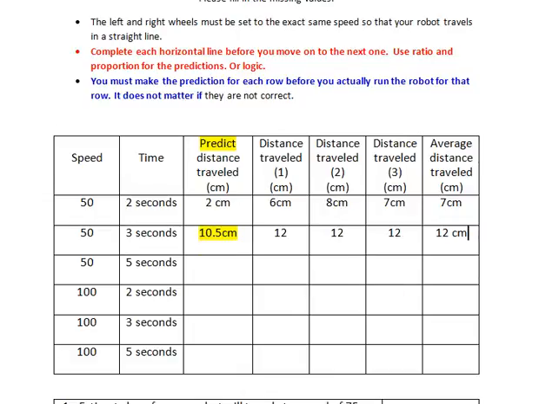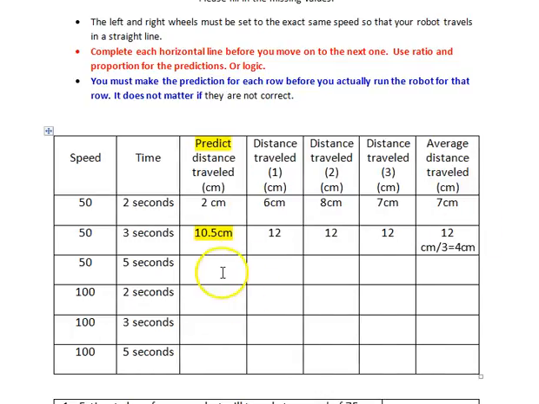Now we're going to do the same thing. Now we have to fill in this box. We've got to predict. So if we traveled 12 centimeters in 3 seconds, how far did we travel in 1? Well, 12 centimeters divided by 3 is 4 centimeters. So we're going to estimate that it's going to be 4 centimeters times 5 seconds equals 20 centimeters.